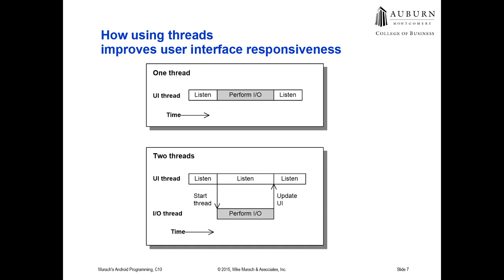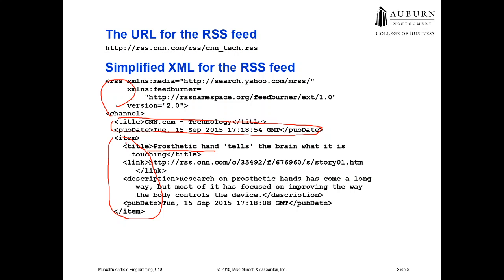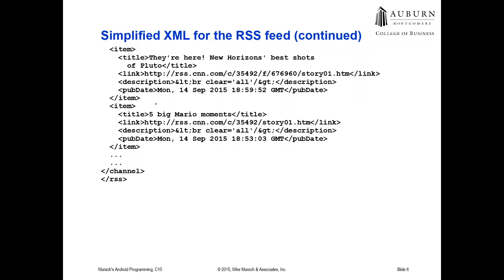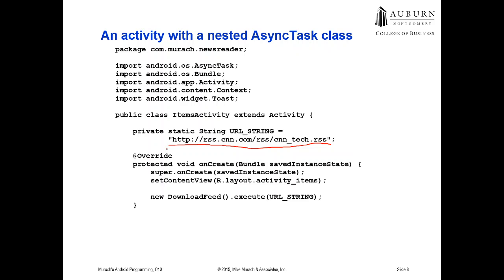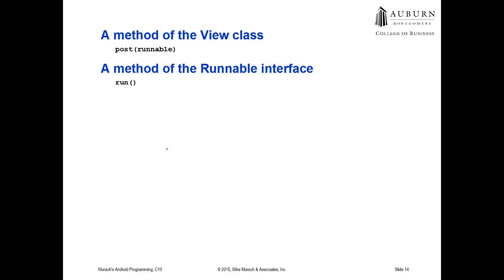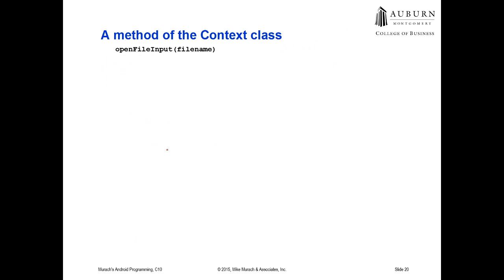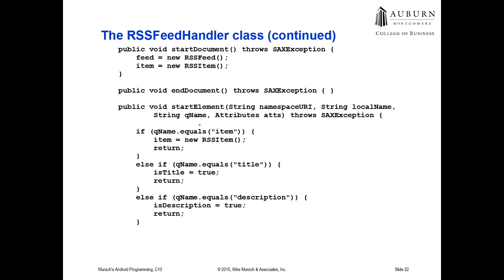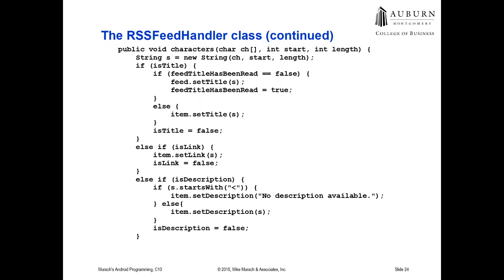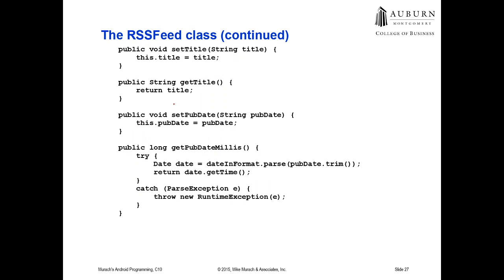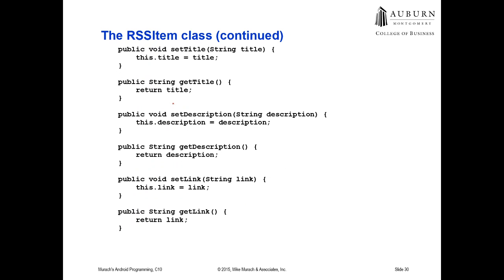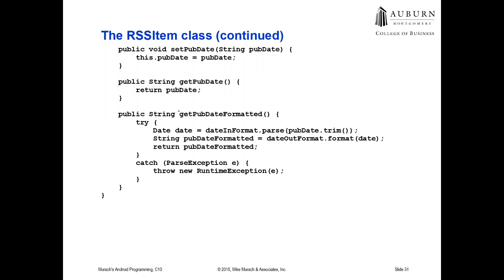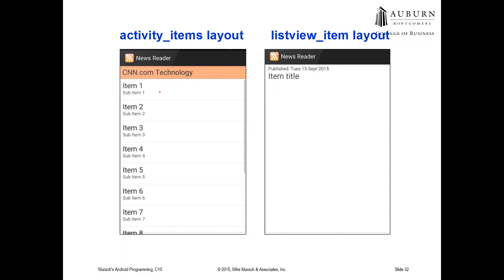And there are multiple items, item 1, 2, and 3, and these items will be stored within an array, which corresponds to the RSS feed handler, right? So you can define the RSS feed and RSS item like this, and this item will be used within your source code. Alright.